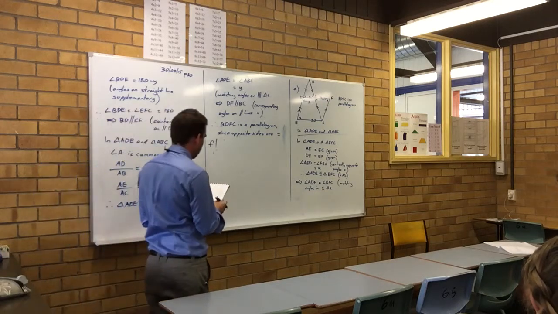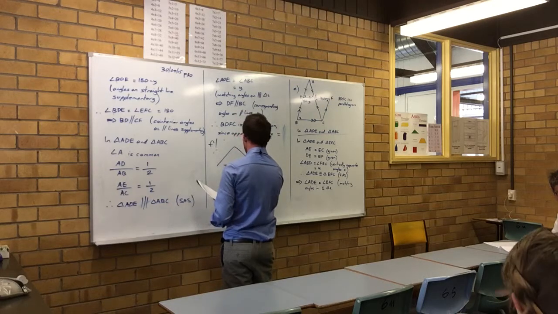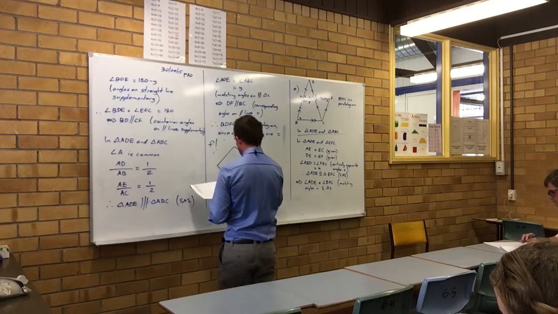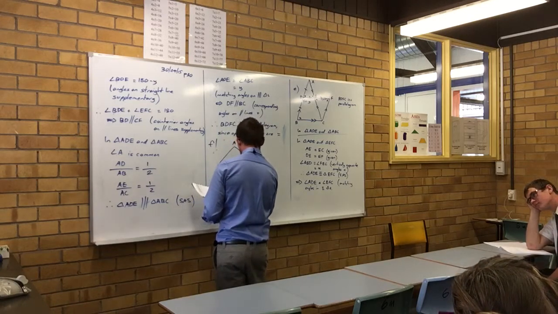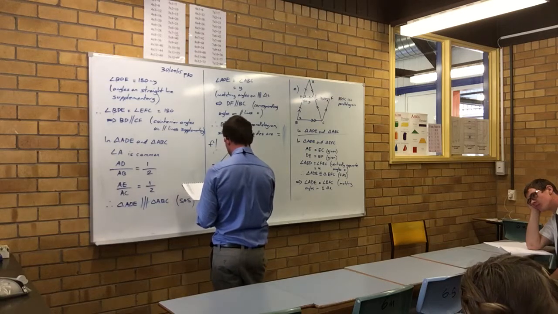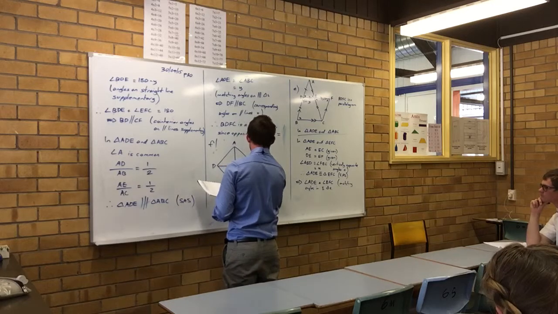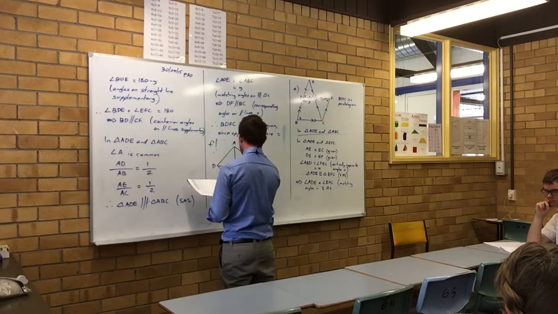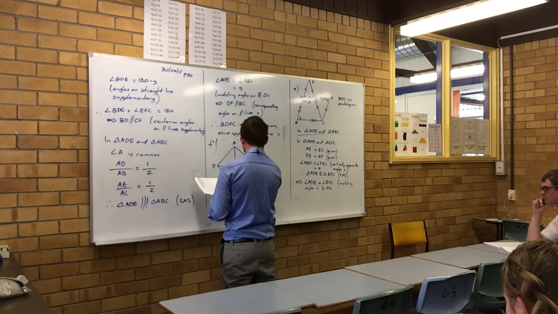Alright, in quadrilateral ABCD. Okay, got that equal to that. We had that equal to that. And we have right angles in the middle.